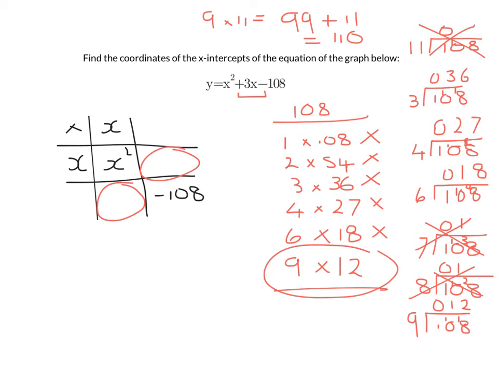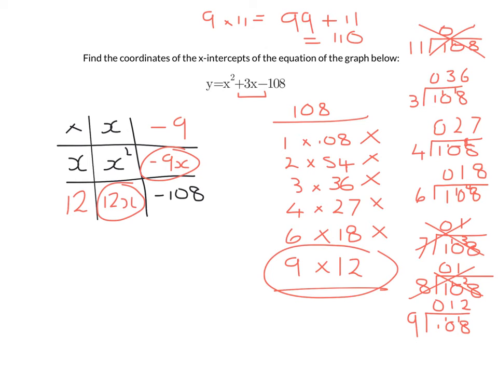So it's this one that I'm looking at. And I want positive 3, so it's going to be 12 take away 9. Let's just check. 12 times negative 9 is negative 108, sorry. And then 12 times x is 12x. Negative 9 times x is negative 9x. So 12x take away 9x is 3x. So now I've got that right.